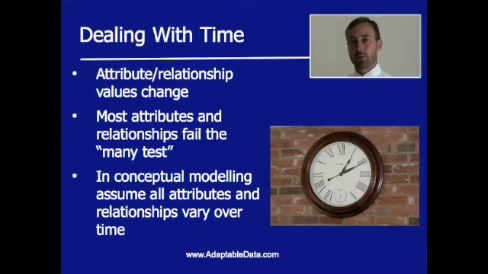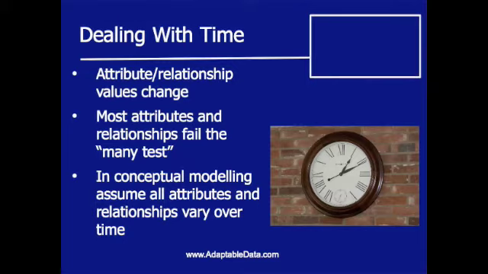I'm going to do a session on this in a little bit more detail later, but from this point of time, every time you have an attribute and a relationship on a model using the notation that I'm using here, you have to assume that those attributes and relationships can change over time. Let's have a look at an example of that to make sure that we're clear on what we're talking about.